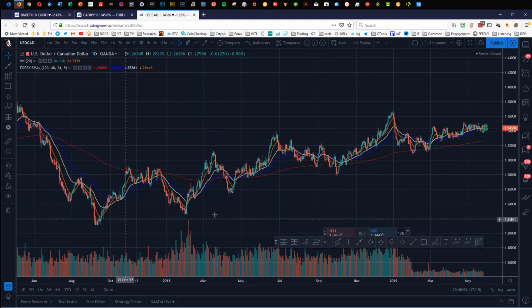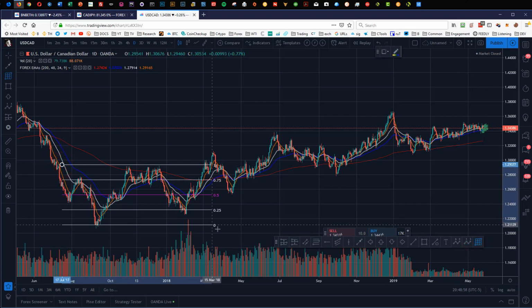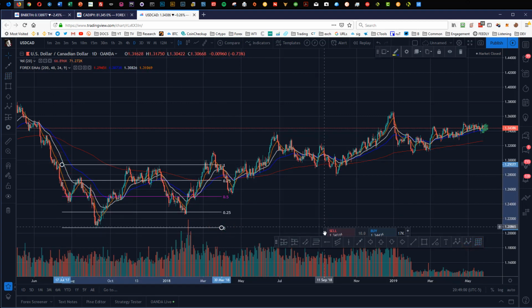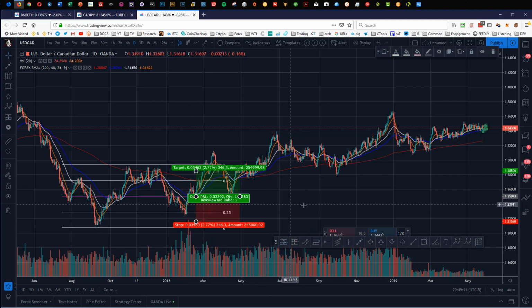Where I would execute a trade would be right here. We create a value range. My long entry would be right here. That'd be my long entry.